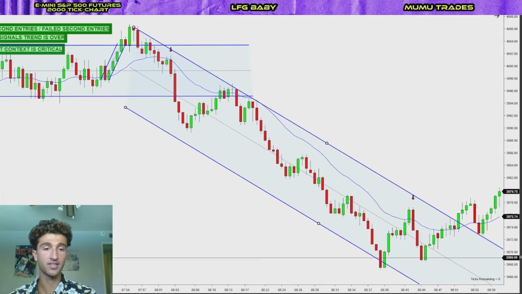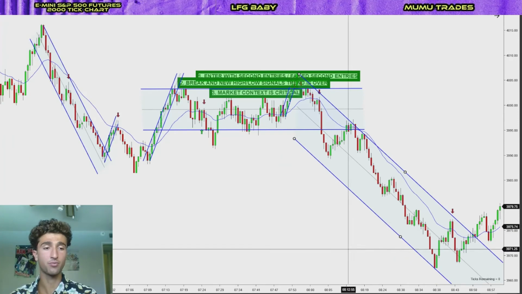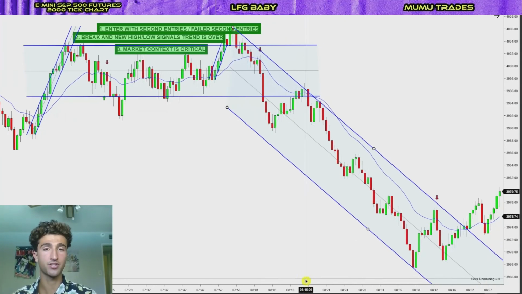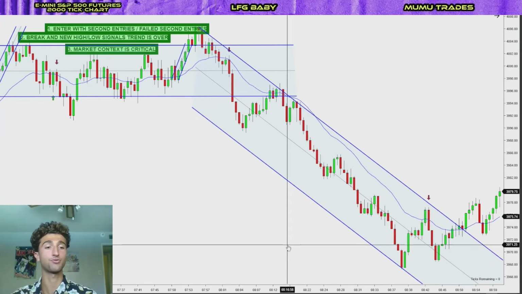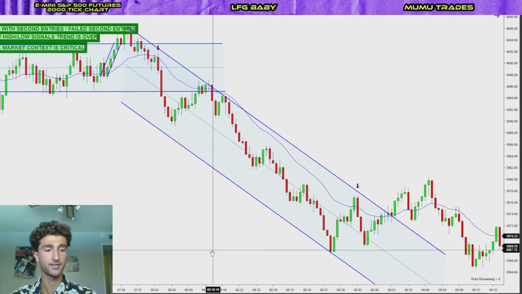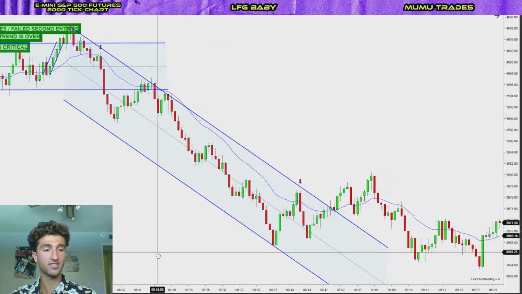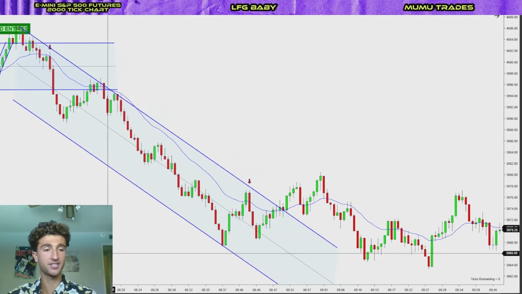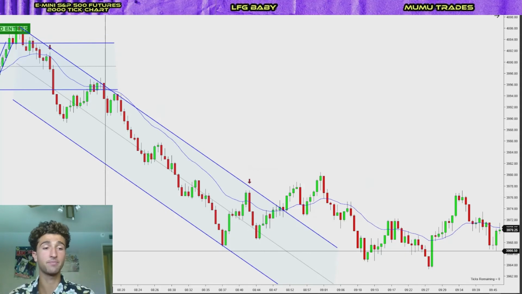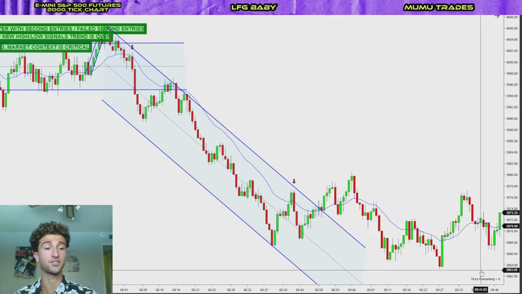Now, once again, let's see what happens once we have a break. We have a break, but we're not looking for long entries just yet because there was no new low in place, but we have one right there. And we are just finding a lot of congestion, so we want to wait and be patient until a nice setup really is shown to us.